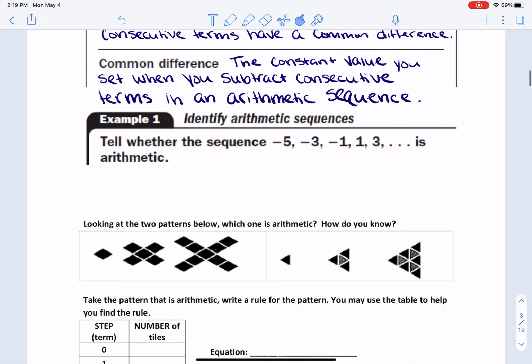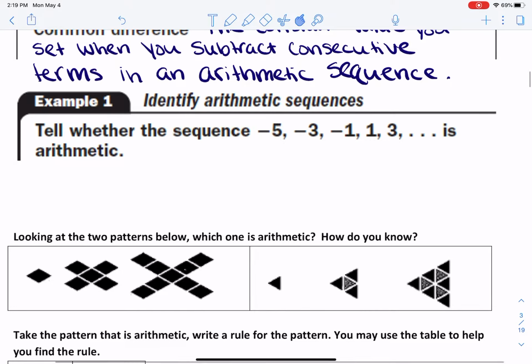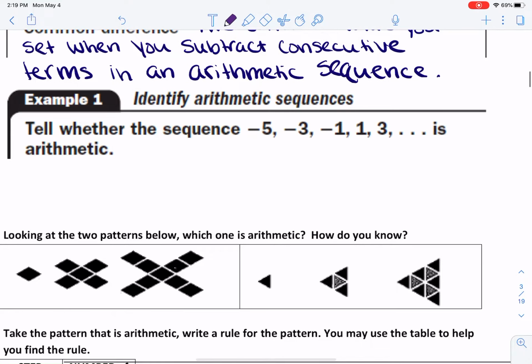All right, so let's look here at identifying an arithmetic sequence. It says, tell whether the sequence -5, -3, -1, 1, 3 is arithmetic. To be arithmetic, it has to be adding or subtracting by the same number each time. So let's take a look. To get from -5 to -3, we had to add 2. -3 to -1, we had to add 2.